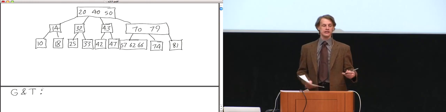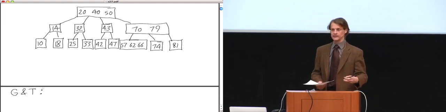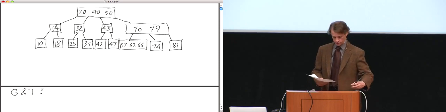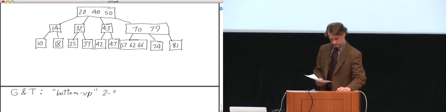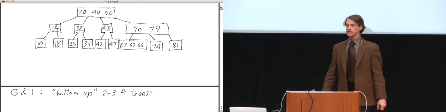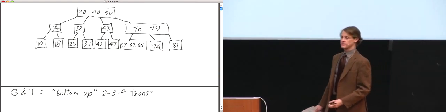The difference is in the algorithms by which you insert and remove keys or entries in a 2, 3, 4 tree. Goodrich and Tamassia use what are called bottom-up 2, 3, 4 trees, and these have the advantage of being easier to understand, but they're not the fastest version.